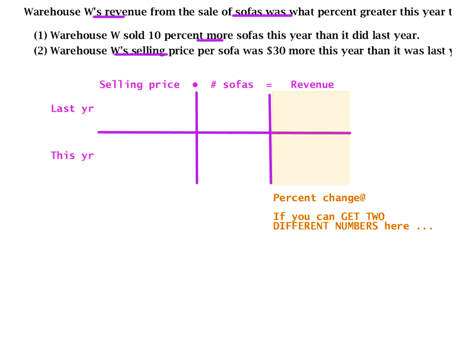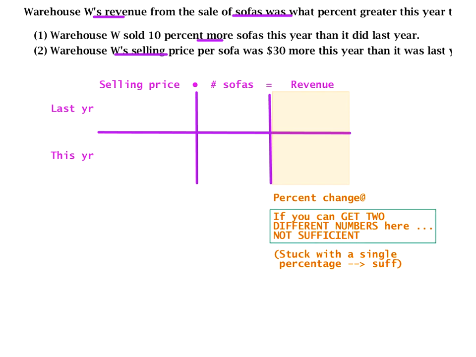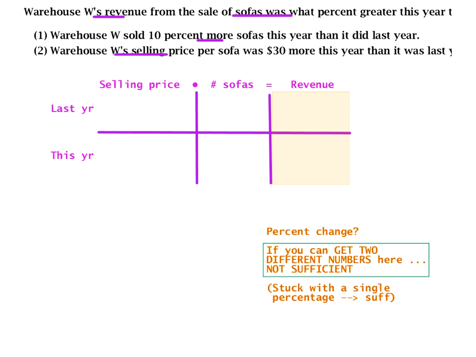And if you're stuck with a single percentage value, then that's sufficient. But this is what you're ultimately trying to do. You're trying to get 2 different numbers. So percent change. All right, and then let's actually make that a box in itself. Percent change deserves a box. Okay.